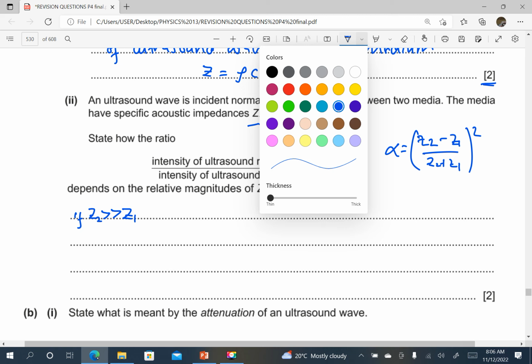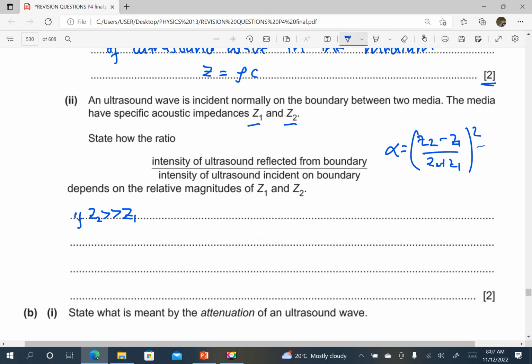When I add, I approximately get Z2. That means this will be approximately Z2 over Z2, all squared, which is approximately 1. So it means the ratio is approximately equal to 1.